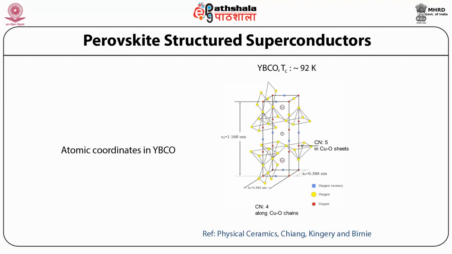Cu2 plus atoms have 4-fold coordination along CuO chains, whereas Cu3 plus atoms have 5-fold coordination in CuO planes. So you can see from this figure how the coordination number changes as the state changes from Cu3 plus to Cu2 plus.